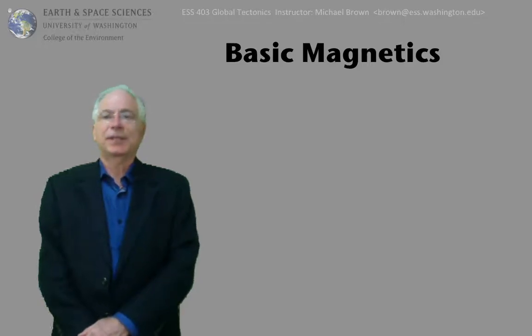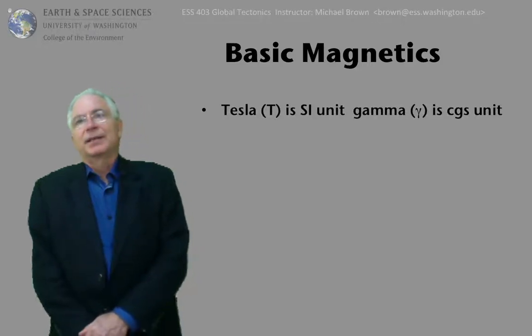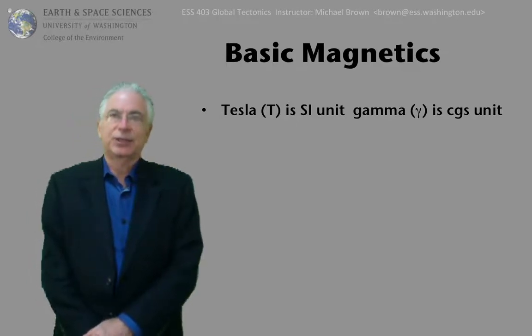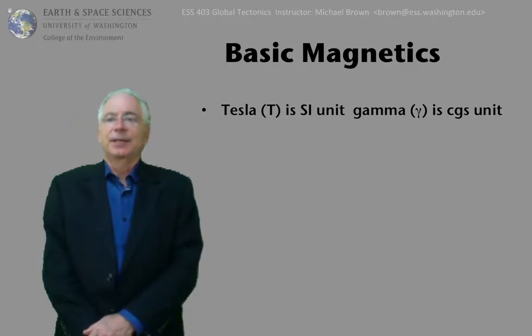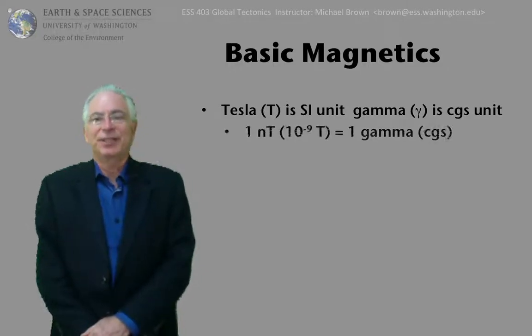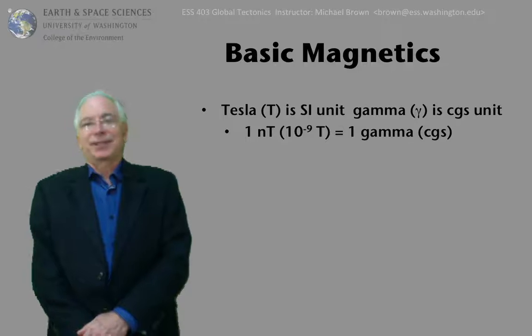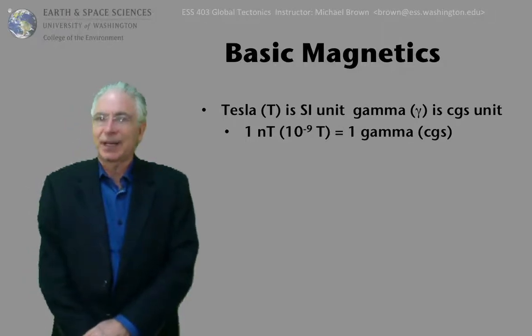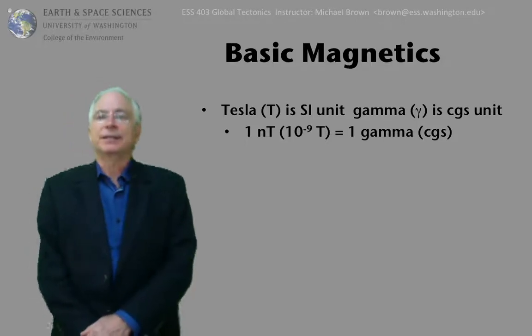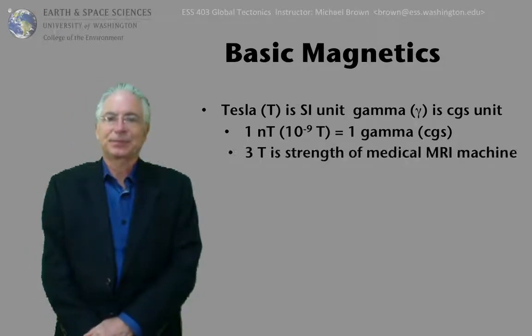It's a little more basic magnetics. The units of magnetic field. Well, there's the Tesla, which is an SI unit, and there's the gamma, which is a CGS unit. Conveniently, 1 nanotesla, which is 10 to the minus 9 teslas, is numerically the same as 1 gamma in CGS units.